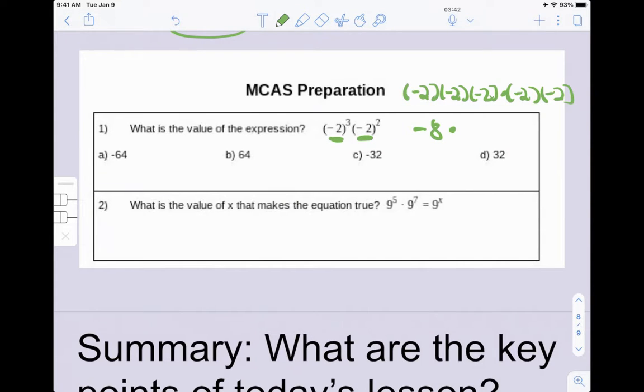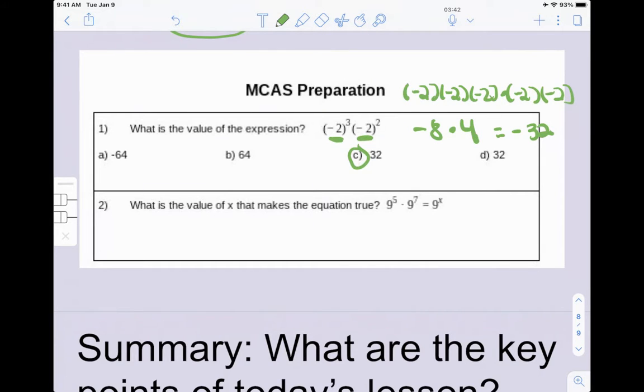Negative 2 times negative 2 is an even amount of negative signs, so I know my product will be positive, and 2 times 2 is 4. When I take this product, negative 8 times 4, I get an answer of negative 32. So that means the correct answer is C.